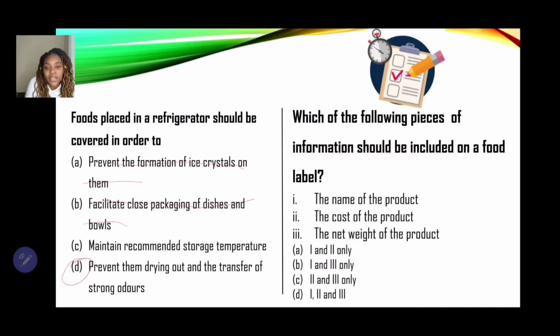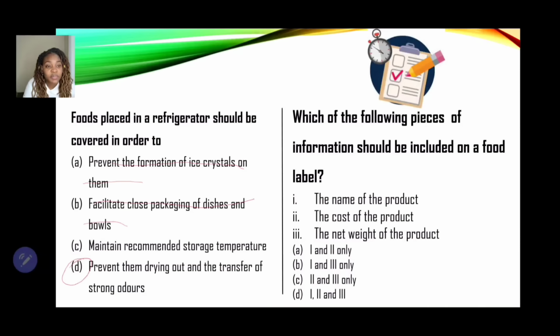And also to prevent this transfer, imagine you putting a carton of milk in the refrigerator without covering it, or whatever juice there is, right? So the odors, such as the onions or other seasoning, may be transferred. So it's very important for us to keep them covered to prevent the drying out, and also to prevent the transfer of strong odors. Next question.